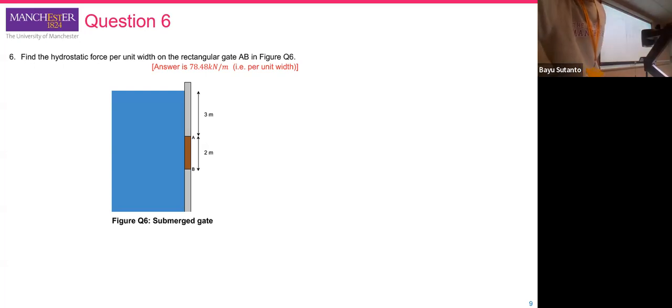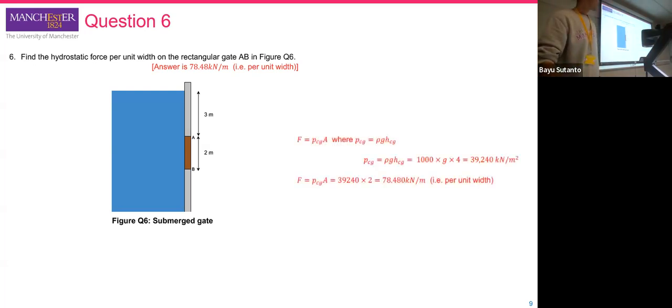And back to the question. So the force will be equal to pressure multiplied by area. And the pressure will be equal to density multiplied by gravity multiplied by the depth of the center of gravity. So 4, and this is 9.81.